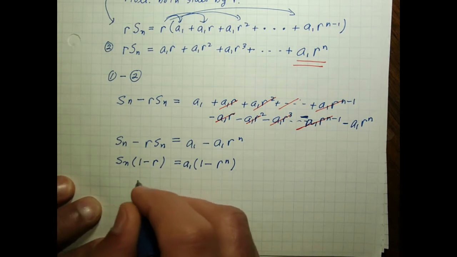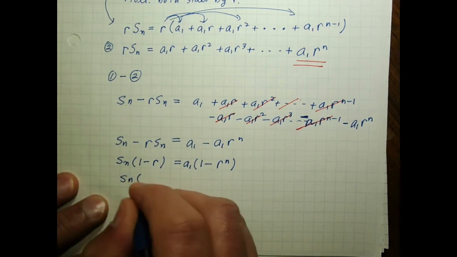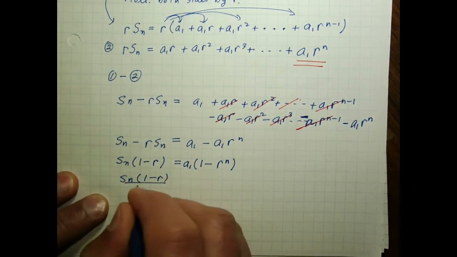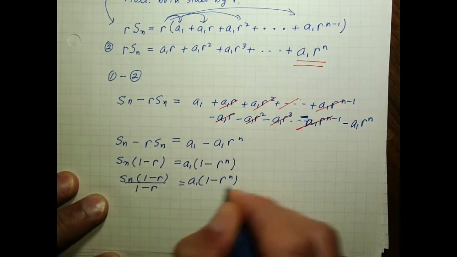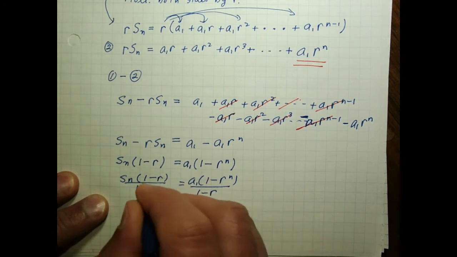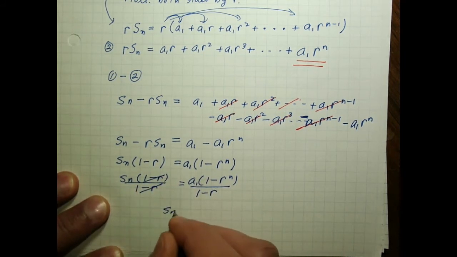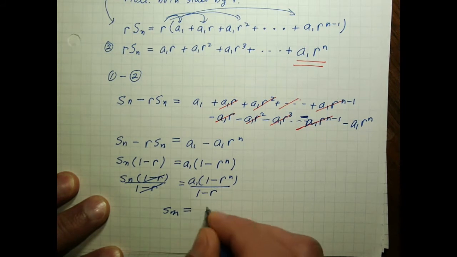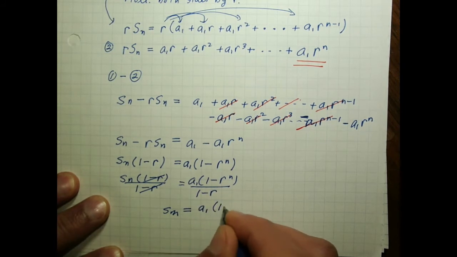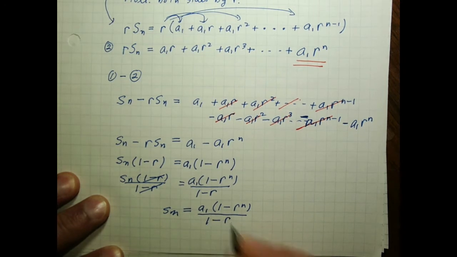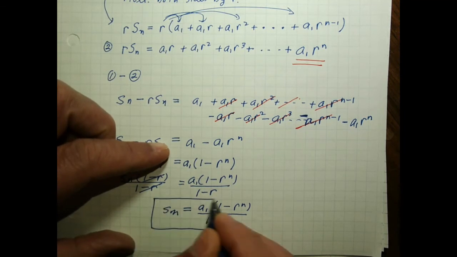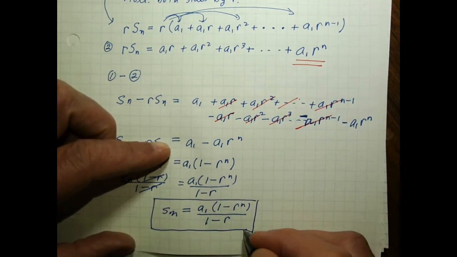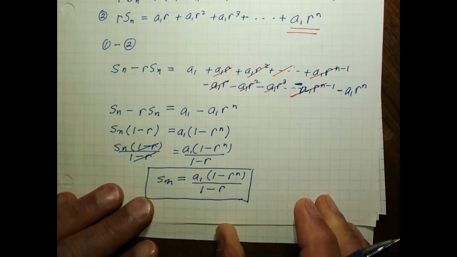And now I'm going to divide both sides by 1 minus r. It cancels here, and I get Sn is equal to a1 times 1 minus r to the n over 1 minus r. And that's our formula for the nth partial sum of a geometric sequence.